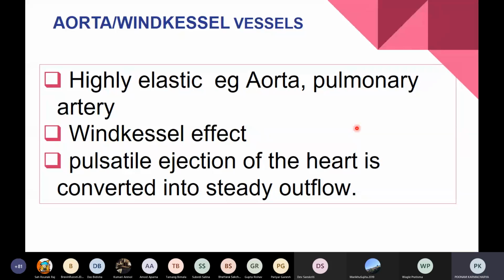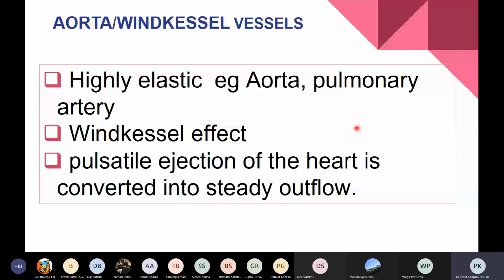Remember, the blood is flowing from the left ventricle towards the aorta, and the blood is of very high pressure, and when the blood flows through the aorta it will just open up, or dilate, and accommodate all of this blood flow. So it can accommodate all of this blood because it is highly elastic. That is why it is also called the Windkessel vessel.